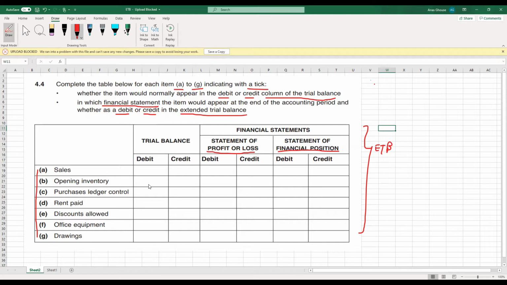Now before I move on to the solution, let me briefly explain the basic accounting equation.